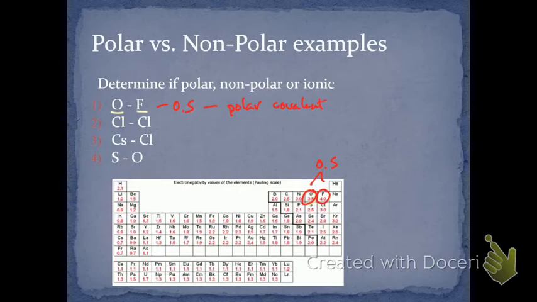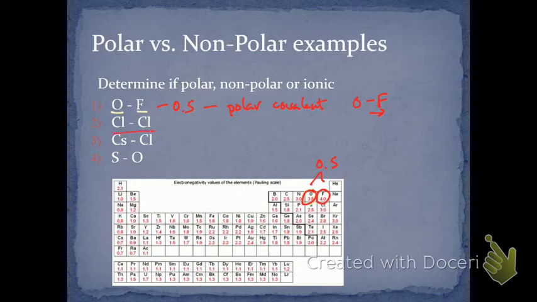And so oxygen and fluorine, this bond is polar, which means they're sharing the electrons in this bond, but they're not sharing equally. Fluorine is stronger, so the electrons are moving towards fluorine.